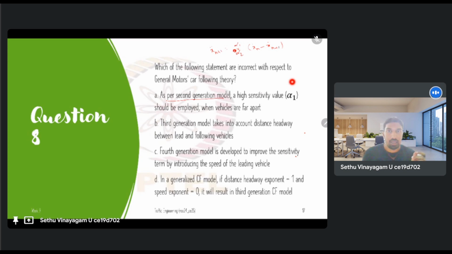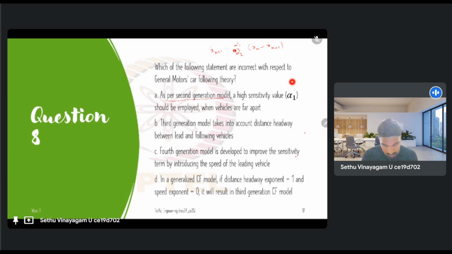So we'll have a high sensitivity value when the spacing is small, right? Because when the vehicles are close to each other, the sensitivity will be very high, right? So the drivers will respond with high acceleration or deceleration. And then if the spacing is high, when the vehicles are far apart, the sensitivity to the stimulus will be lower, right? So that's why we have two different sensitivity parameters in the second generation model.